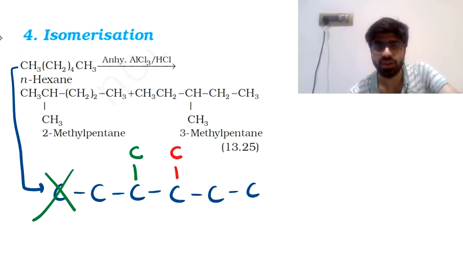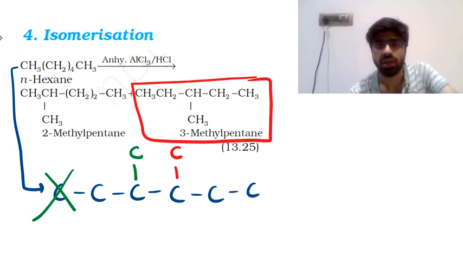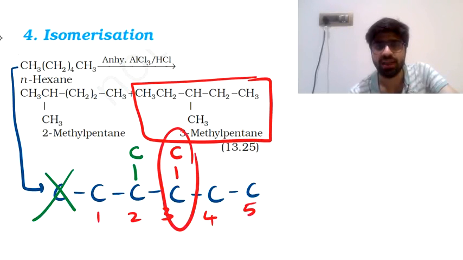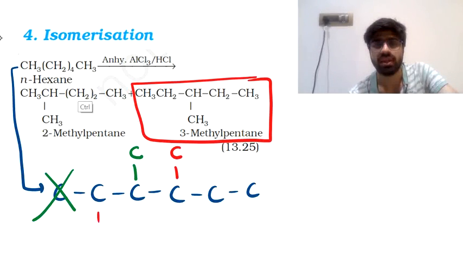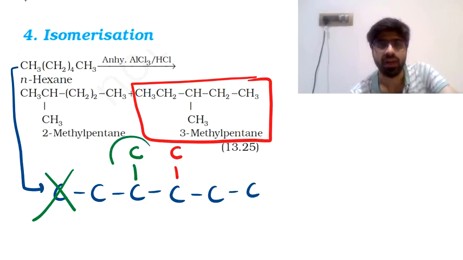One possible product is with the methyl from the terminal position getting attached at the third carbon atom, and that compound has been written over here. You can name it as 1, 2, 3, 4, 5, that is 3-methylpentane, and the other possibility was the case that I have written in green, that is this one.